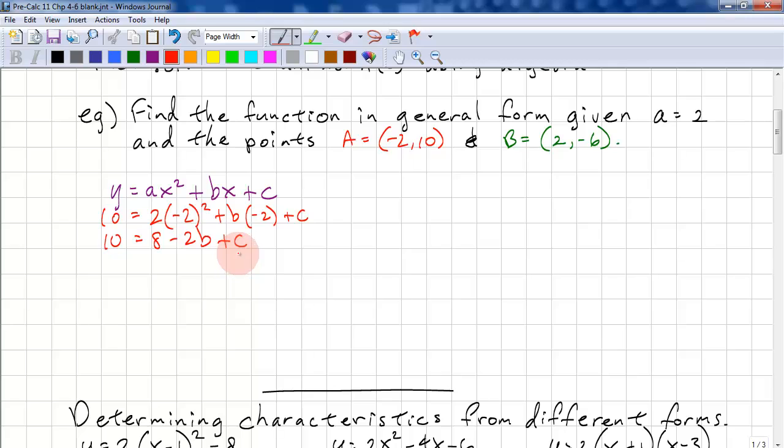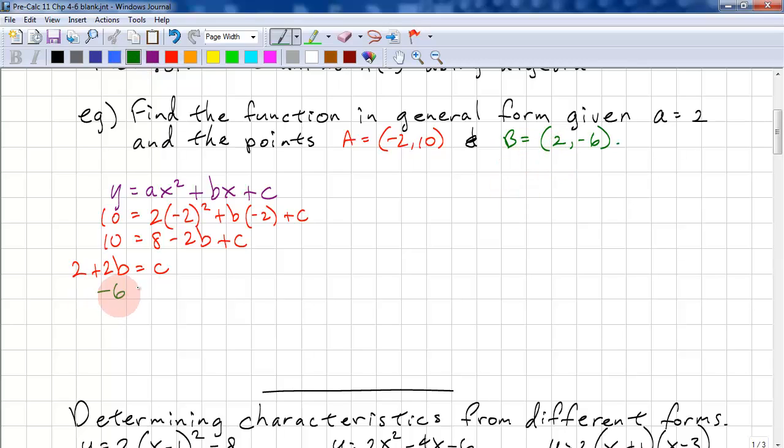The easiest one to solve for to substitute is c. So let's move the 8 over to the other side. So that's negative 8. 10 minus 8 is 2. Negative 2b becomes plus 2b. And that's equal to c. Let's substitute point B in.